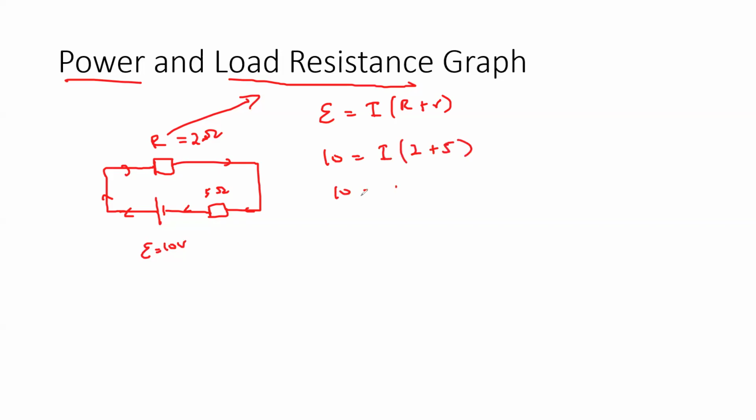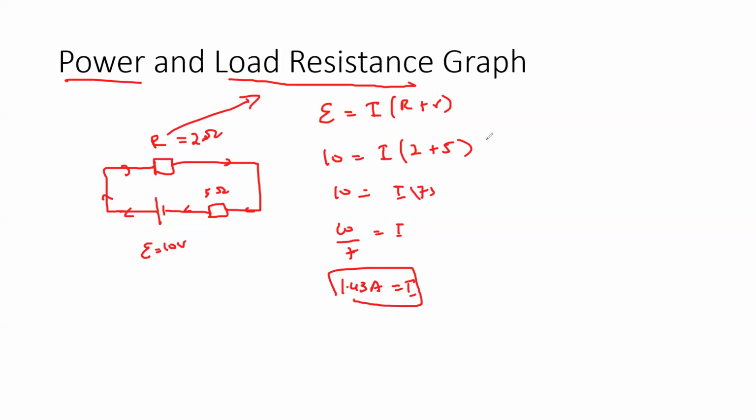So 10 equals I times 5... so this will be 10 divided by 7, which is 1.43 ampere.